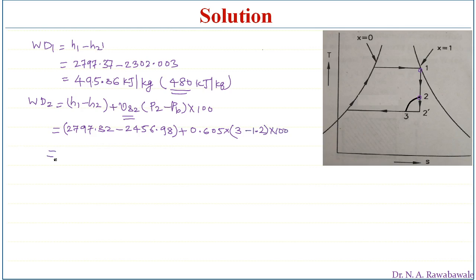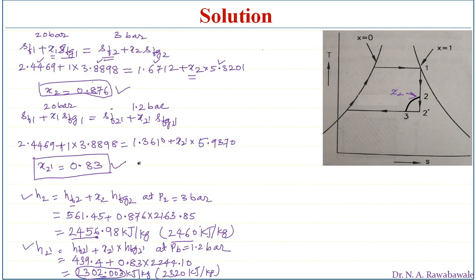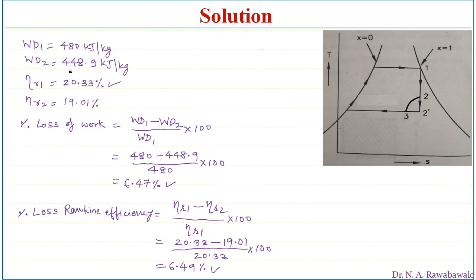On simplification we get this as 449.4 kilojoules per kg, but by the graphical method we obtained this work done 2 as 448.